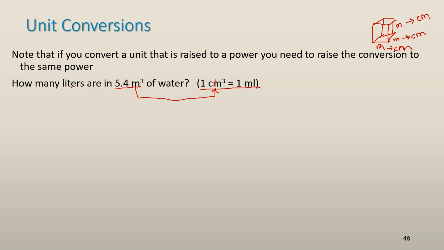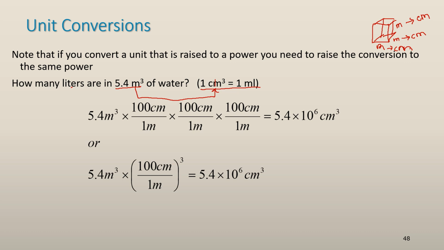One way I can do that is by using a conversion factor for each meter. So this top here, 5.4 meters cubed. If I convert 1 meter to centimeters, the second meter to centimeters, and the third meter to centimeters, I get centimeters cubed. The units are just like numbers. You just keep track of them.